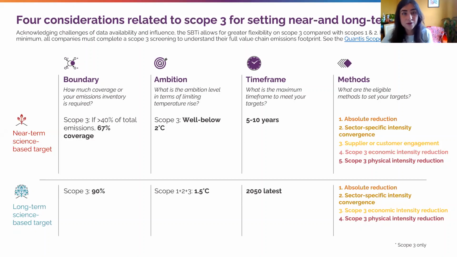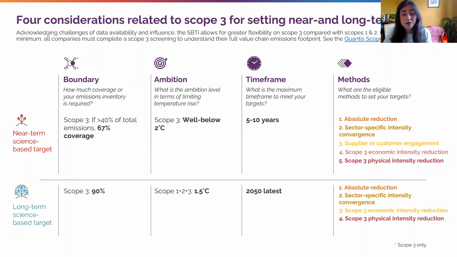So going back to the 4 considerations, the first thing that companies need to think about is the boundary of their targets. So how much of their emissions inventory should be included within the target boundary. For near-term science-based targets, really heavy emitters may not have to include scope 3.